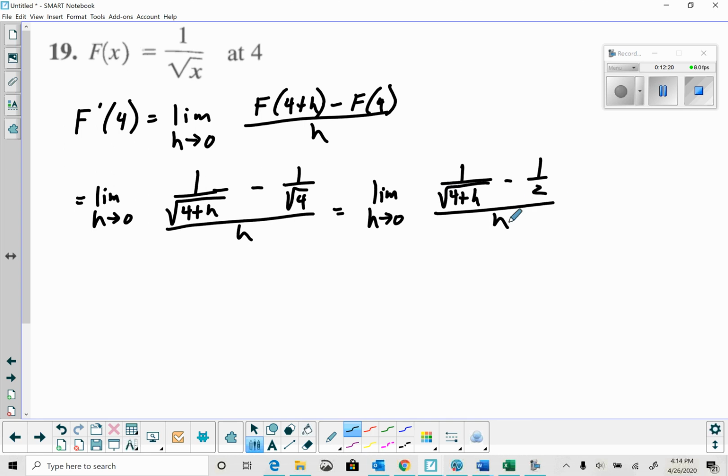All right, that second one there, obviously we can simplify that a little bit. So now what? Well, just as we did with getting rid of the fractions in the previous one, let's figure out the common denominator here.